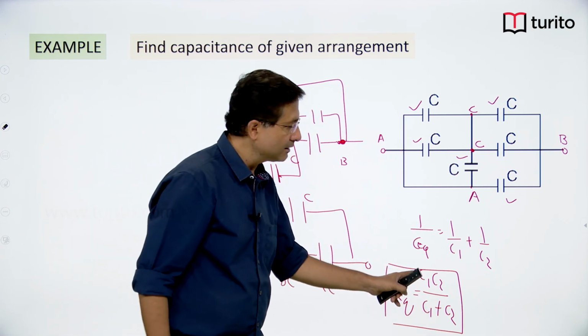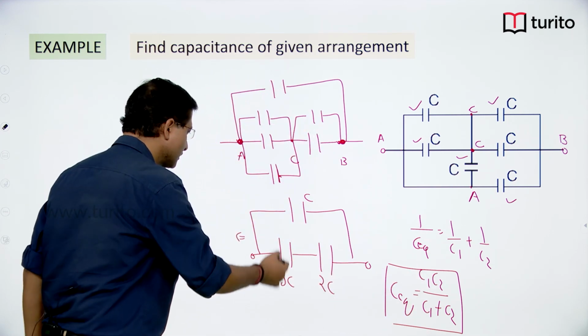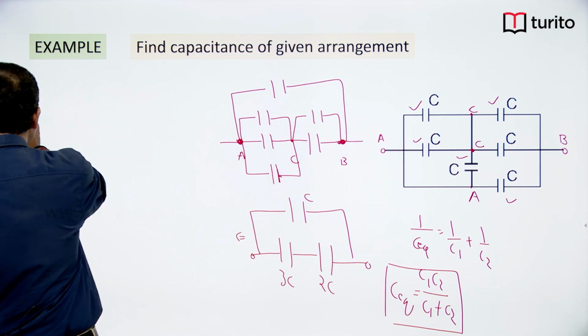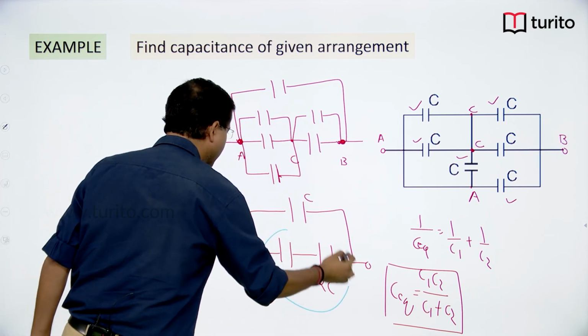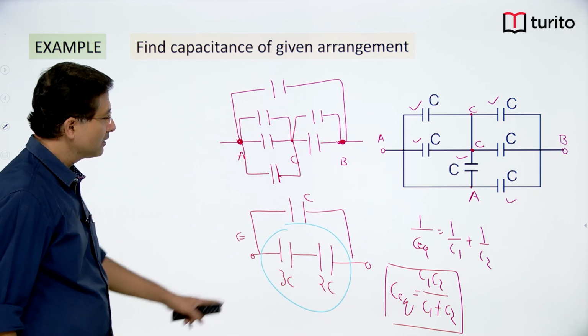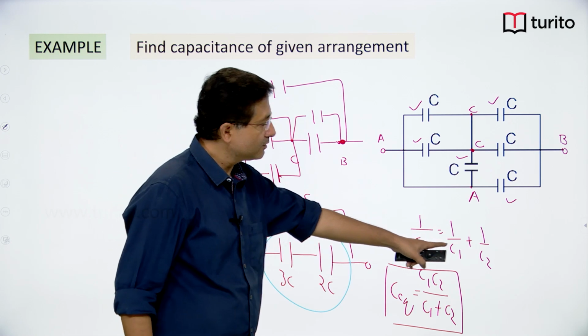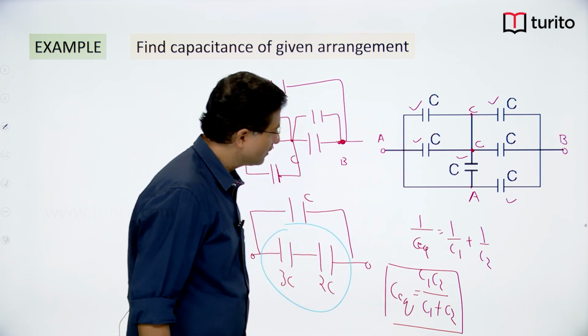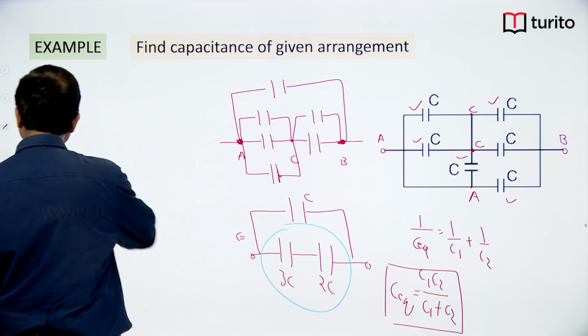So here you will get 6C by 5. So this whole thing using the series formula is coming 6C by 5. So I can reduce this branch further.